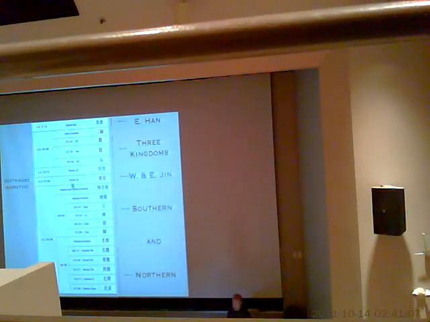They established dynasties in the south, beginning with the Eastern Jin, and then four southern dynasties, Song, Qi, Liang, and Chen. You don't have to know all of these, just know that there's a period called the Southern Dynasty, where the Chinese ruling elite had a capital in modern-day Nanjing, south of the Yangtze River.